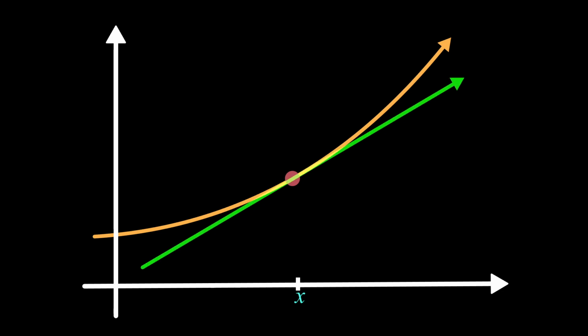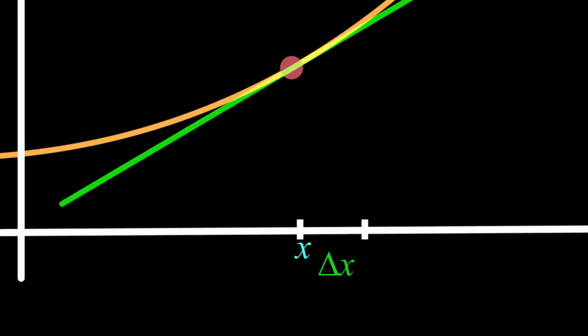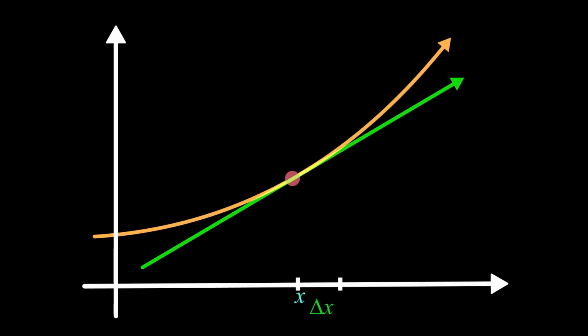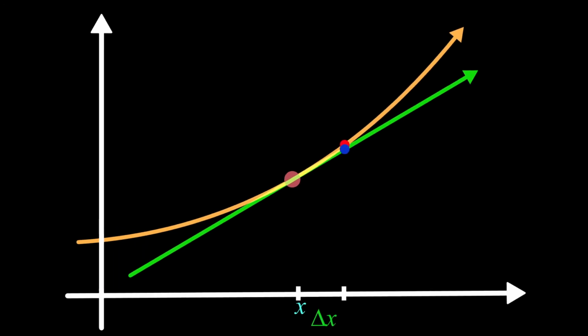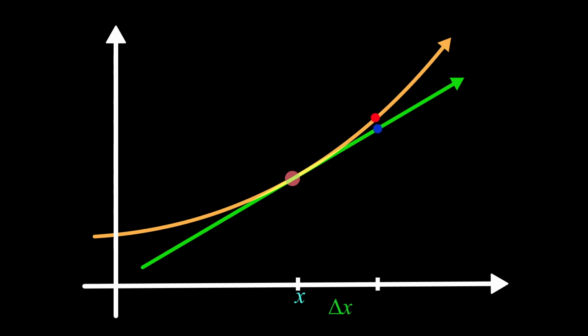Now the green tangent line is an approximation for the yellow function. If we move delta x units to the right, we can see that for small values of delta x, the blue point on the tangent line is a reasonably good approximation for the red point on the actual function. The further away from the original point, the worse the approximation is going to become.